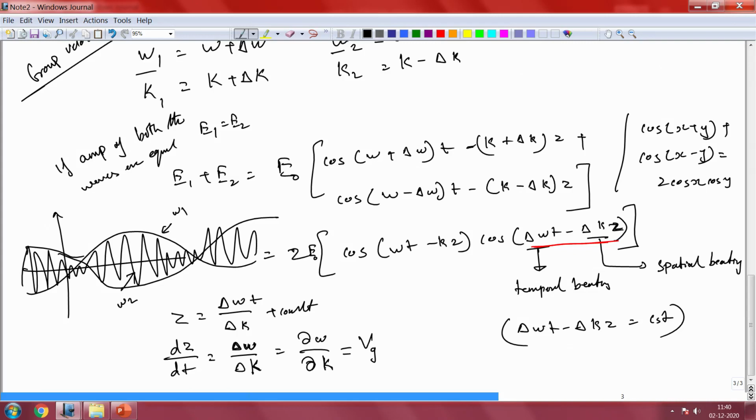So in vacuum your phase velocity will be equal to group velocity. There is only one single wave and you don't have to worry about the group velocity in this case.